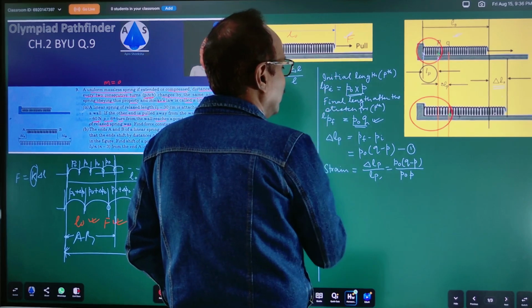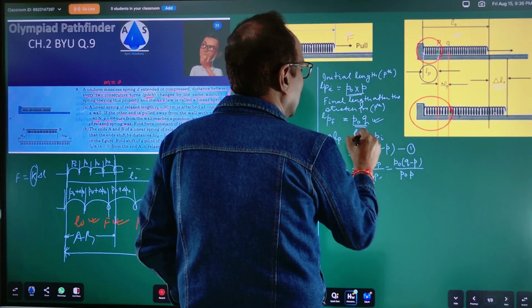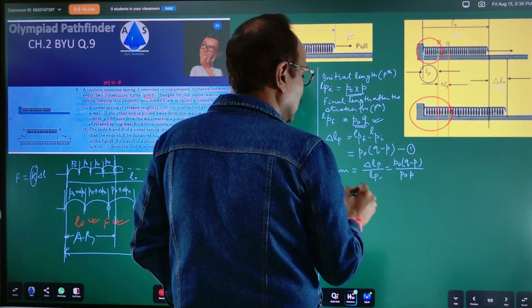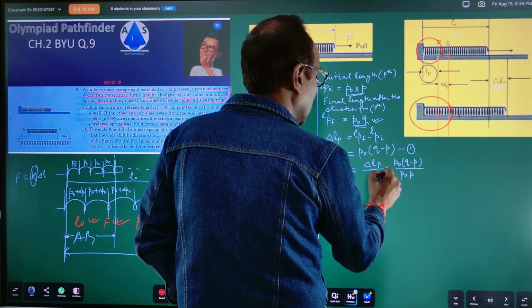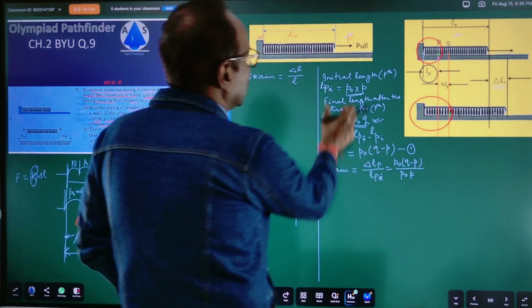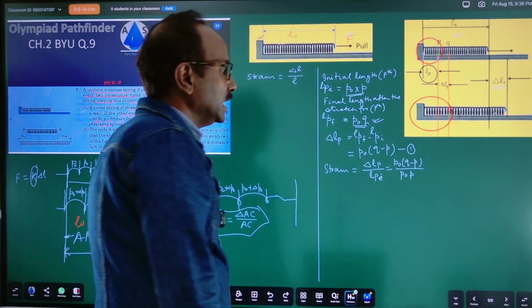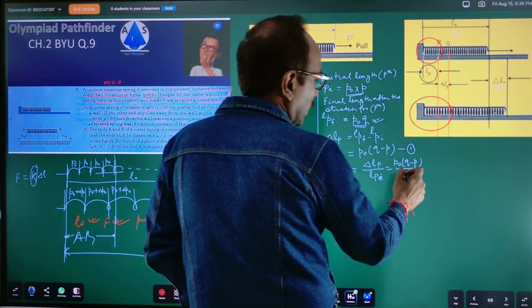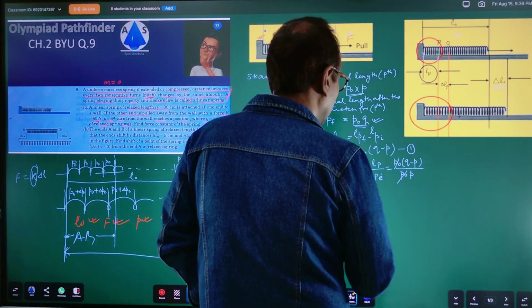LPF, LPI. So initial length, meaning natural length, was P naught into P. P naught will cancel out.